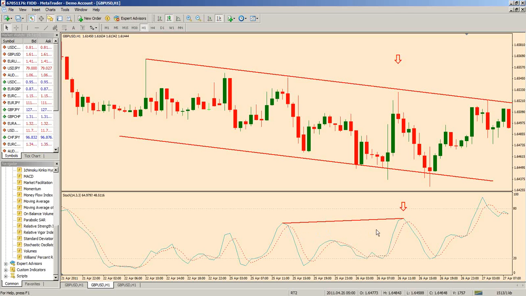I really don't want to go into that if you're not aware of what it is. It's a little bit more rare, and a little bit more complicated. But basically, if you have lower highs in price and higher highs in the oscillator, that's called hidden divergence and a possibility for a continuation of the downtrend. So I've got some divergence there.